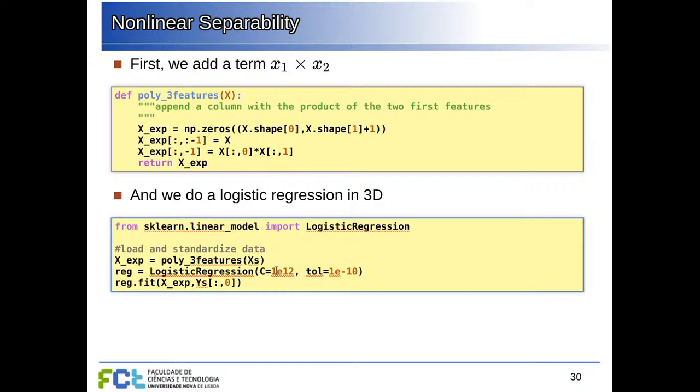Now here this C is a regularization factor, which for classifiers in scikit-learn is a number such that the actual weight of the regularization is 1 divided by C. So if we use a very large number for C, it means very low regularization.